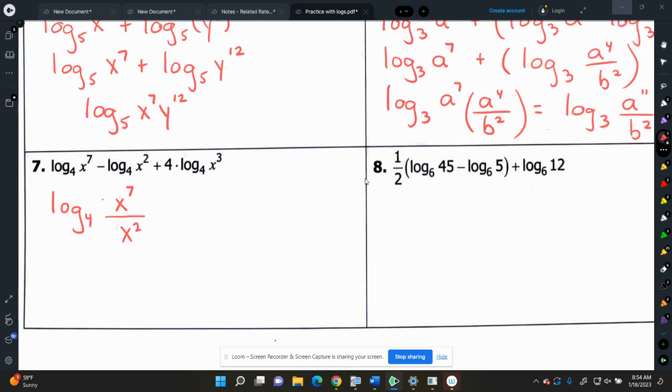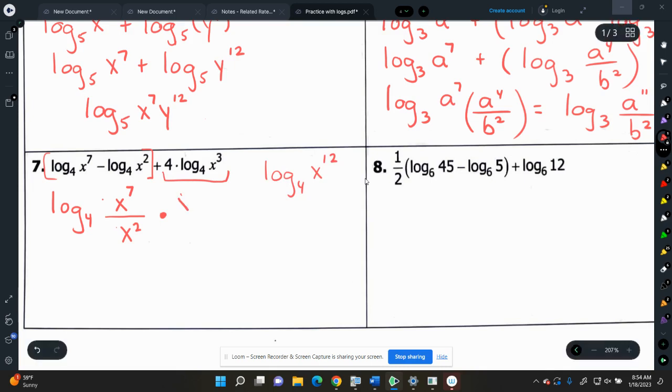So these two right here, we're going to divide these two times this one, which will be log base 4 x to the 12. So that's going to be times x to the 12.